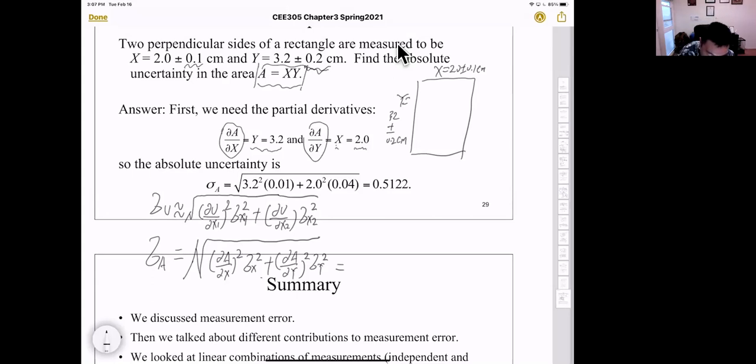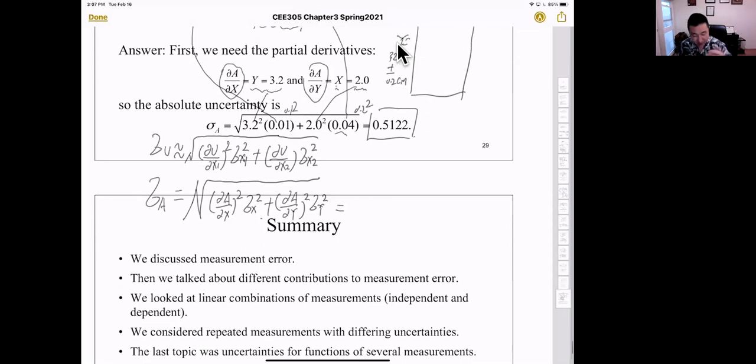Then we can plug in the numbers: 3.2 here, 2.0 here, sigma x is 0.1, and sigma y is 0.2, so the square is 0.04. So the uncertainty for the area is 0.15122.